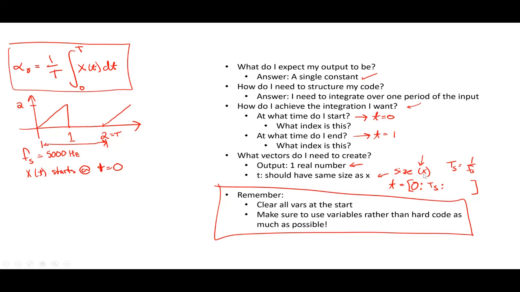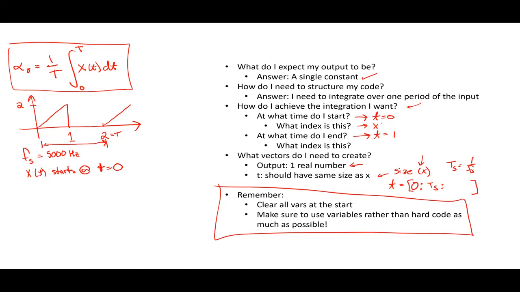Okay. All right. So I know a couple of things now. I'll need to figure out, what index do I start at, once I know a little bit more about the t vector. One thing I already know right now is if I'm going to start my integration at the very beginning of the period using the left sum, that means that I start at x.